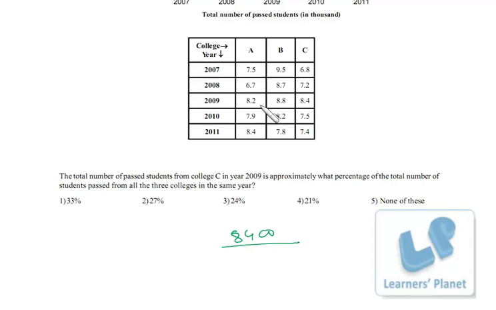So 8 and 2 2, 8 and 2 10 and 4 14. 8, 8, 16, 24 and 1, 254, right?